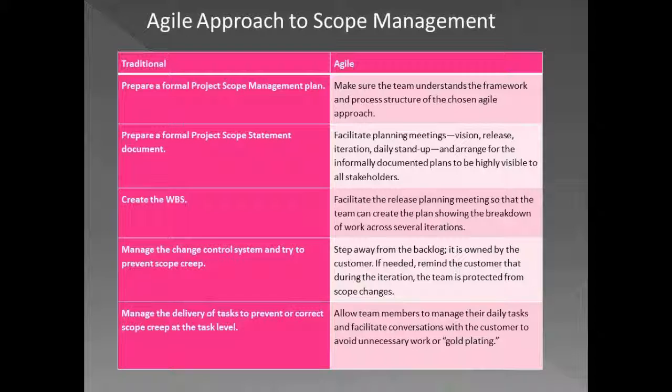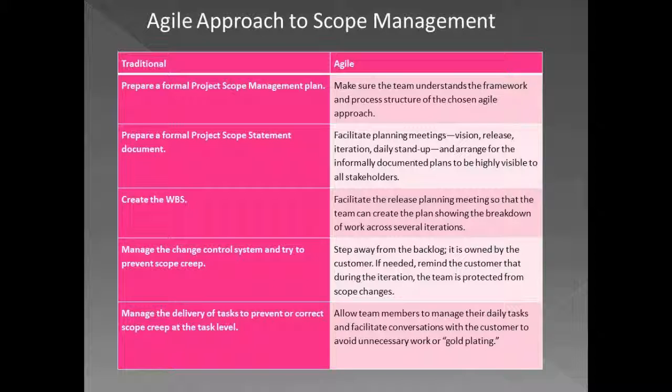But if you look at the Agile approach, as a part of the scope management, you do ensure that you have your backlog and your iteration items and your sprint items finalized, and this is making sure that the team understands the overall Agile approach and how they would consider what is the scope of this particular release or this particular sprint or iteration.